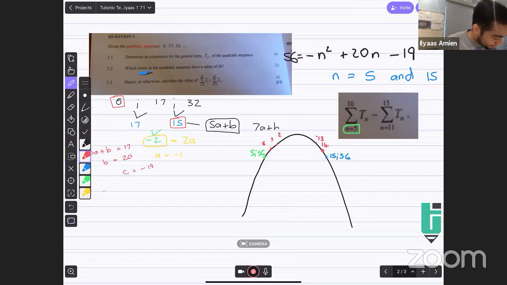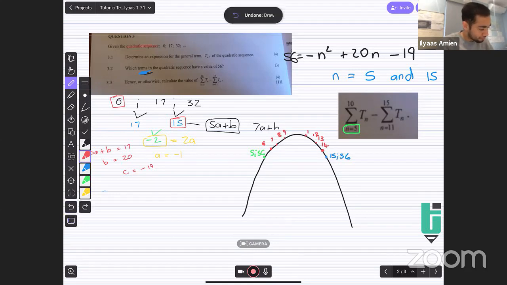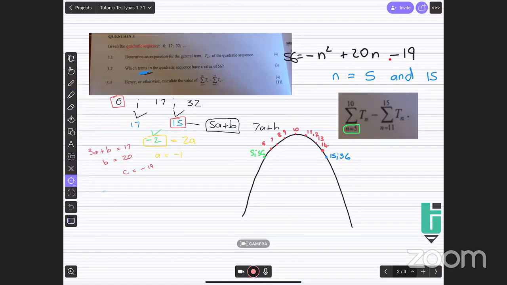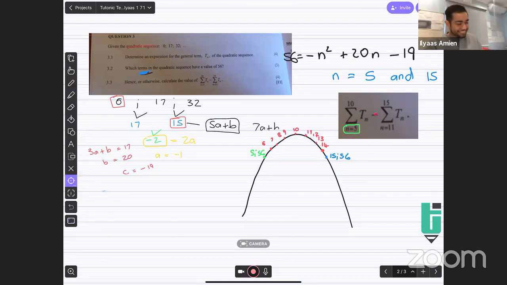When x is 8 and 12, the same y value. When x is 9 and 11, the same y value. So what are you left with? 10. Because 10 is the turning point. Oh my god, that makes sense. And what does this sigma notation say?